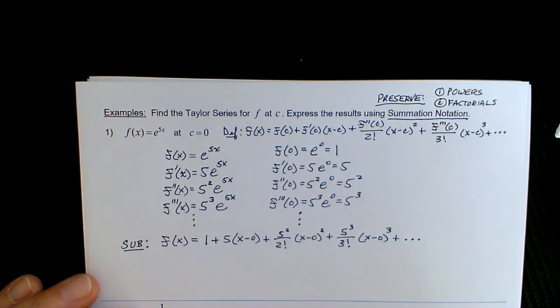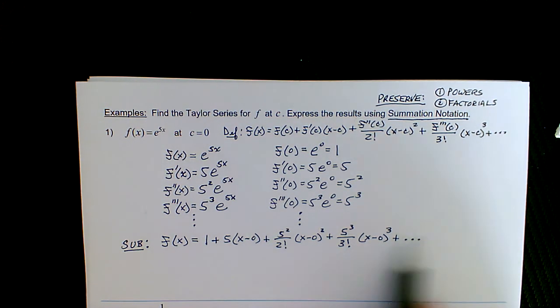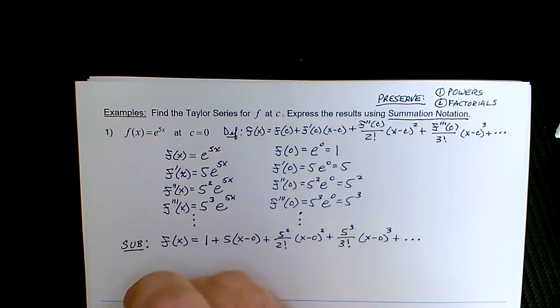And notice that we could easily predict what the next term is based on the patterns. Obviously it's going to be 5 to the 4th over 4 factorial, x minus 0 as a quantity to the 4th.